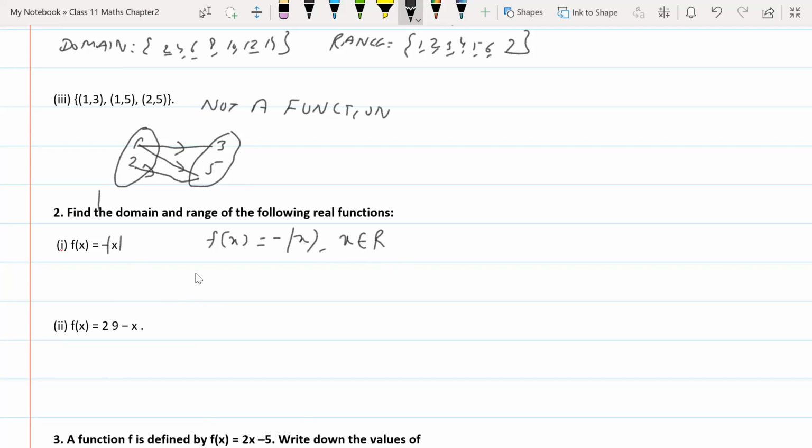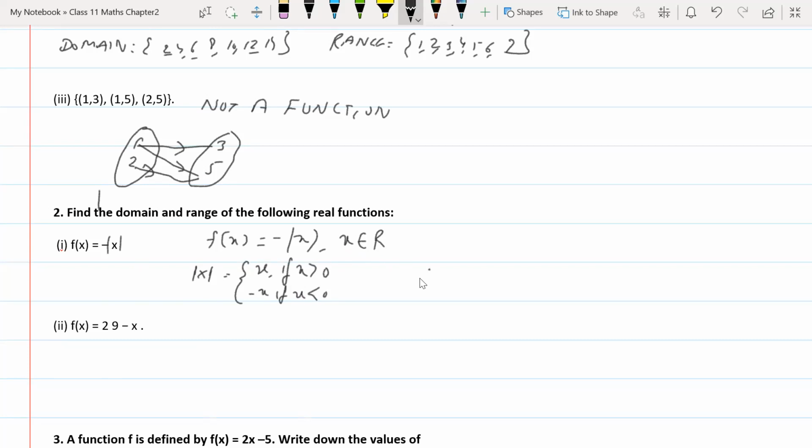We know that the modulus function is equal to x if x is greater than 0, and minus x if x is less than 0.